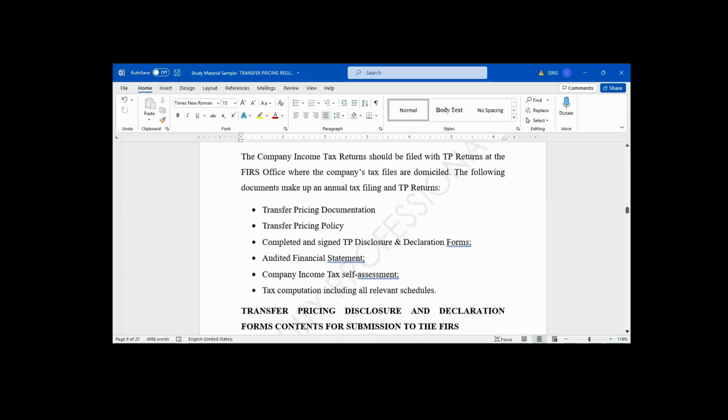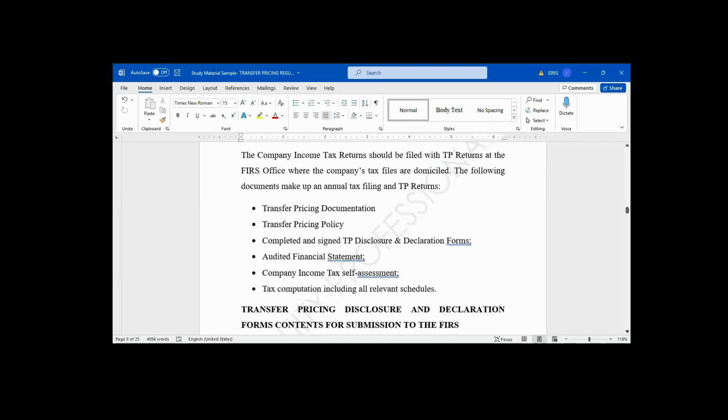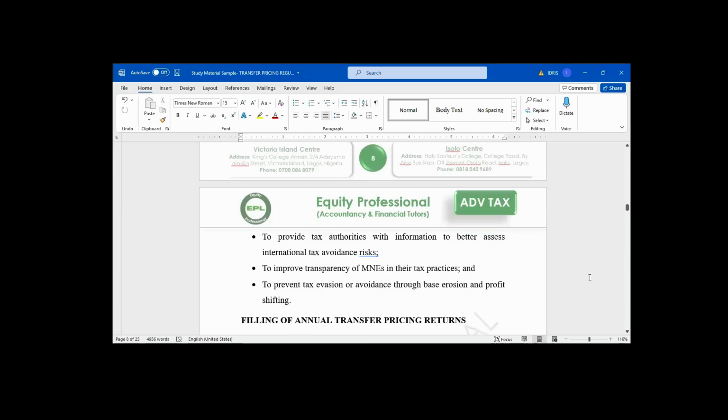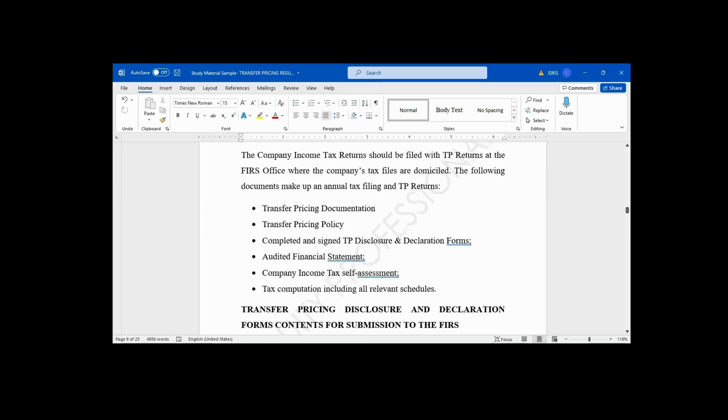First, you need to attach transfer pricing documentation. We need to attach transfer pricing policy. Second, you need to attach a completed and signed disclosure and declaration form. Another one, audited financial statements, company income tax computation. So for filing of annual transfer pricing return, you will need the following documents.